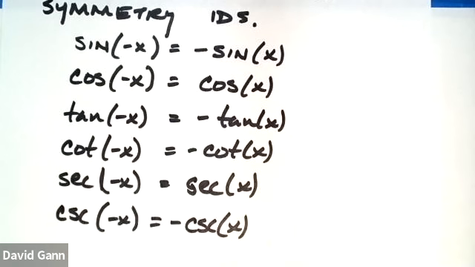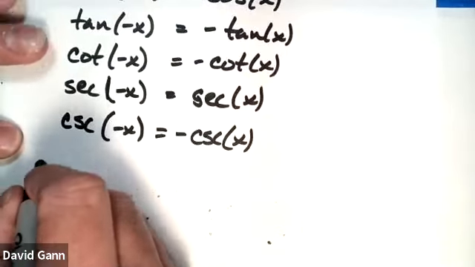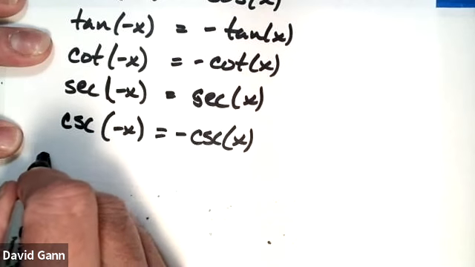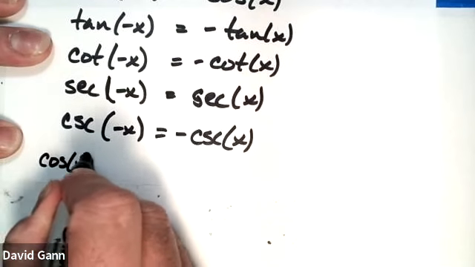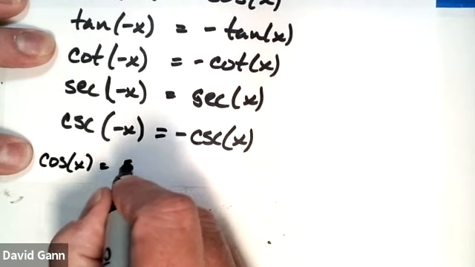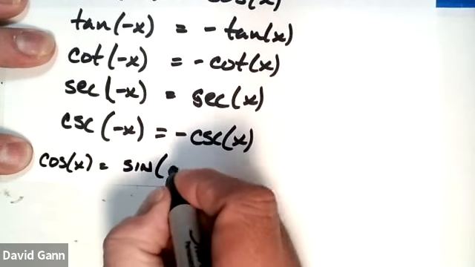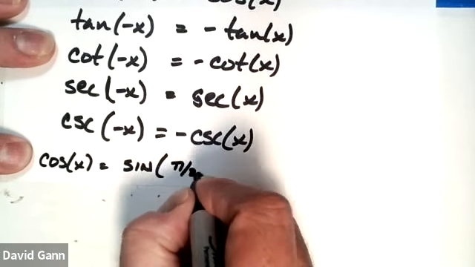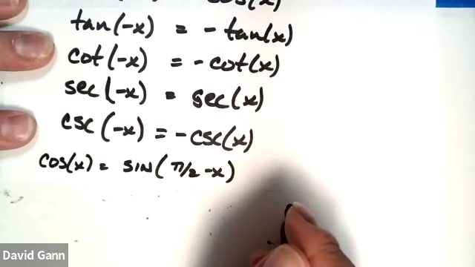I think they're maybe introduced in the next section, but I think it's valid to look at them now because we can do some stuff with the previous relationship that I wrote, which was that cosine of x is equal to sine of pi over 2 minus x.